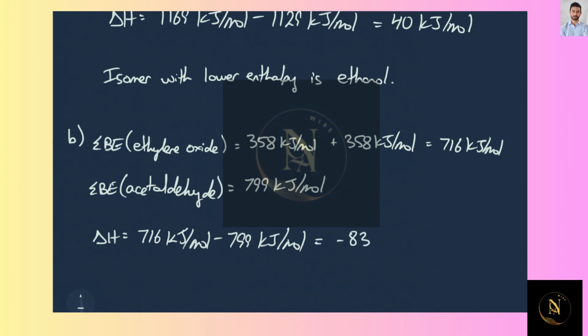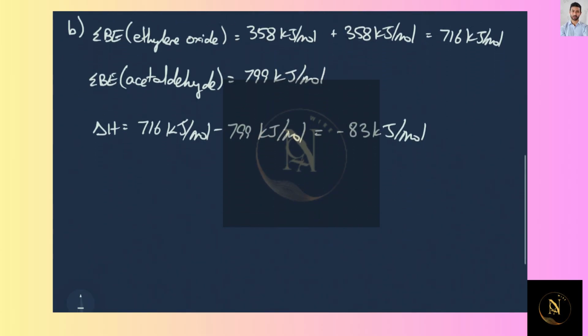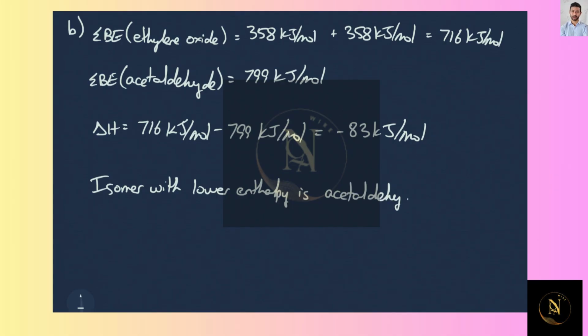And we get minus 83 kilojoules per mole, which signifies that it's exothermic, and the products would have a lower enthalpy. So the isomer with the lower enthalpy is the acetaldehyde.